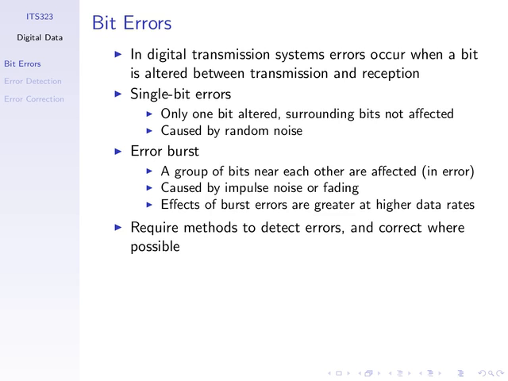Noise, transmitted signal, received signal, where we see that we change the level because of this large impulse of noise. Here's a burst of errors, or a small case of a burst of errors. If we were transmitting faster, more bits per second, we would have more bits impacted by this noise.